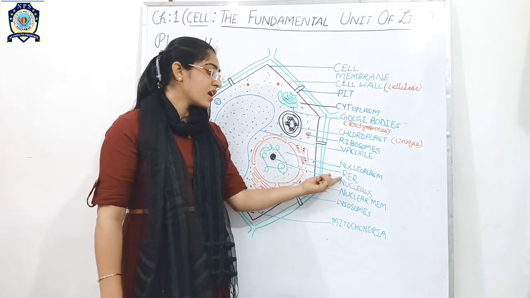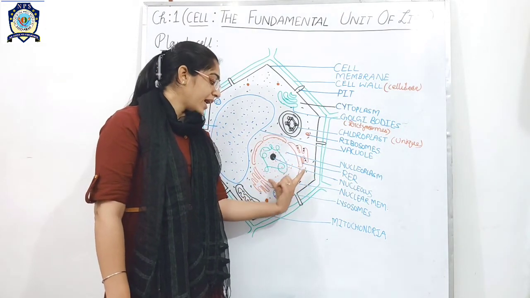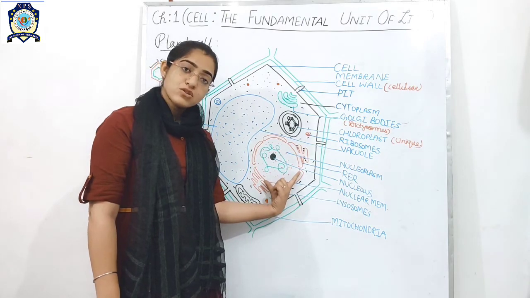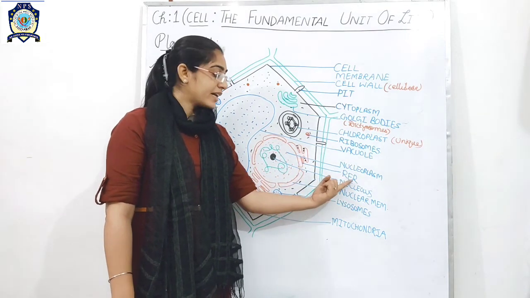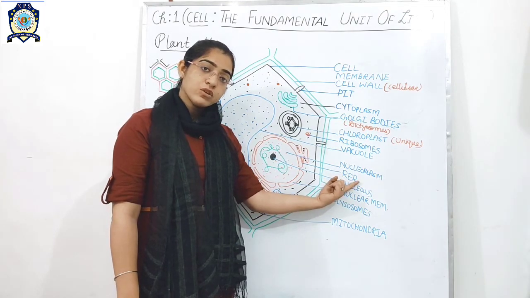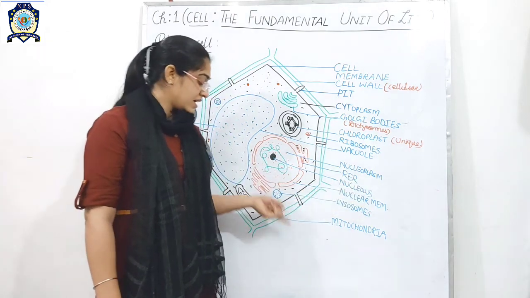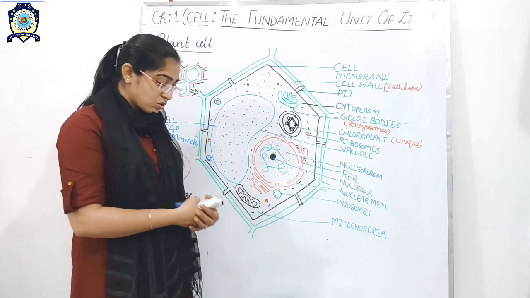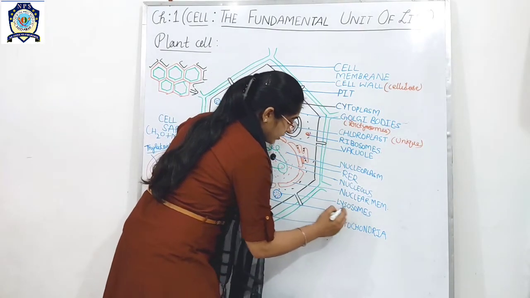Then next is RER. The endoplasmic reticulum is attached to the nuclear membrane. One endoplasmic reticulum with ribosomes is called rough endoplasmic reticulum, and helps in protein synthesis, and one is without the ribosome. Sorry to say, here I forgot to label it.